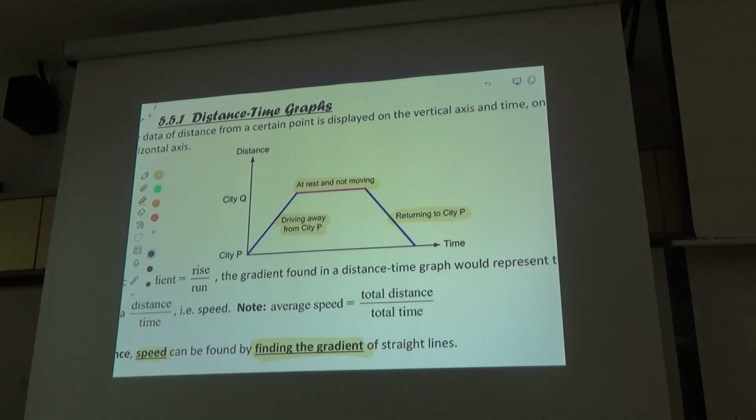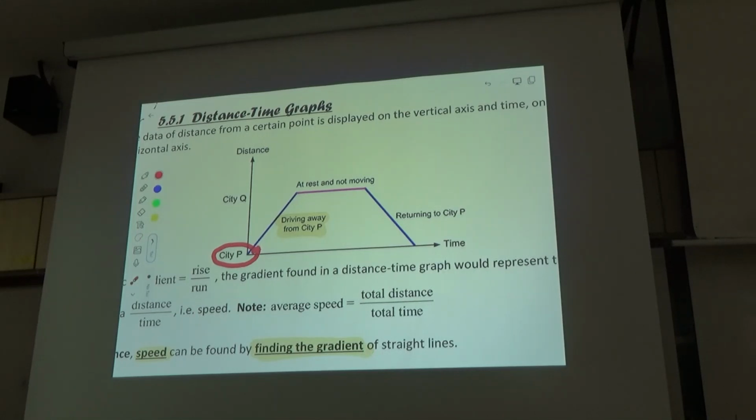There is interpretation from a distance time graph that you need to make. Let's work on it one by one. For the first line segment, why is it considered driving away from CTP? This distance time graph is a unique one because instead of giving you numbers, they start off with this CTP over here.